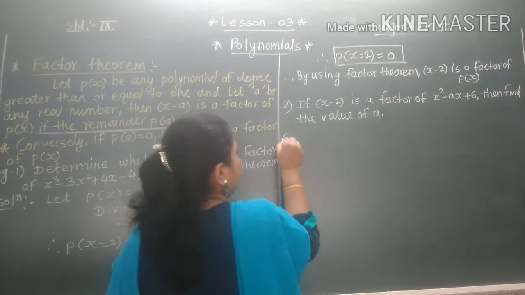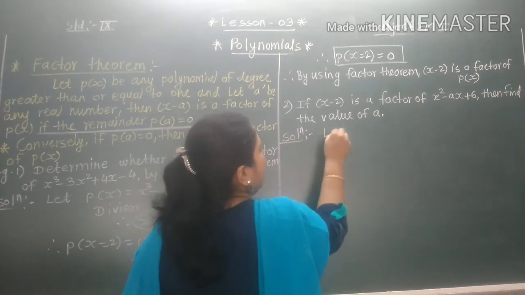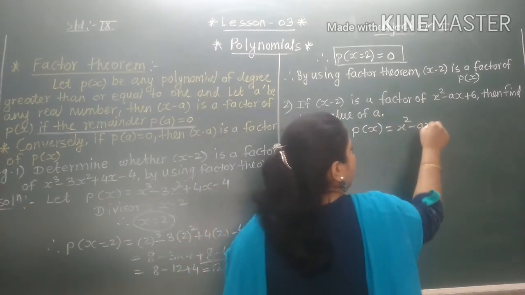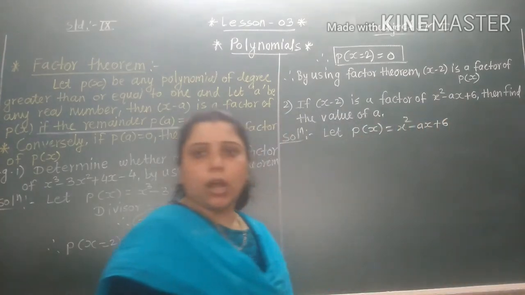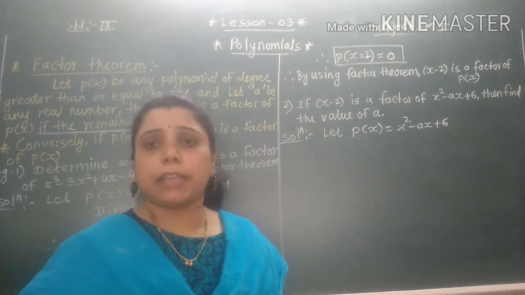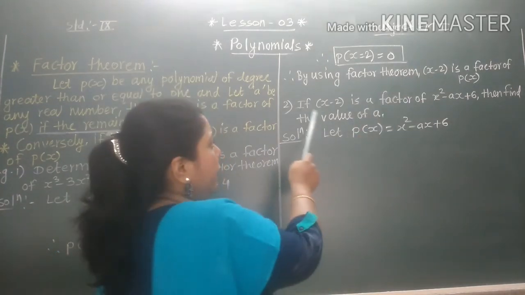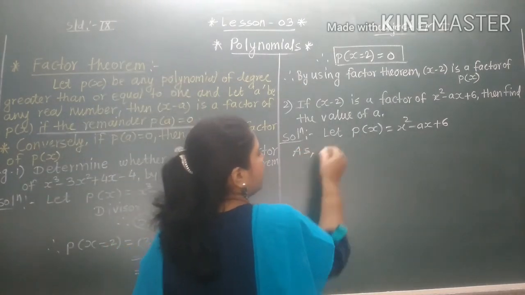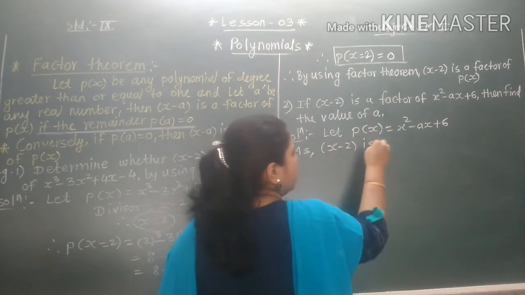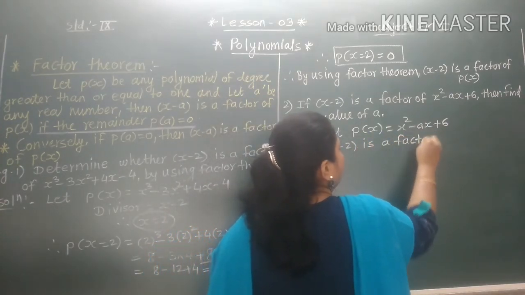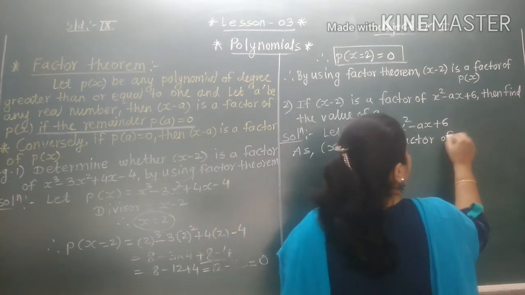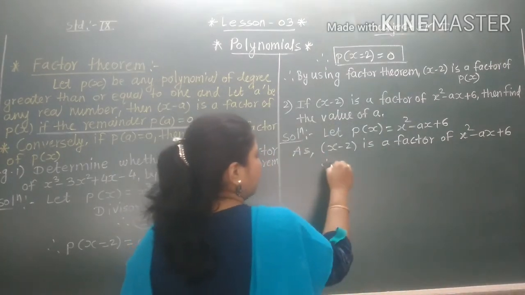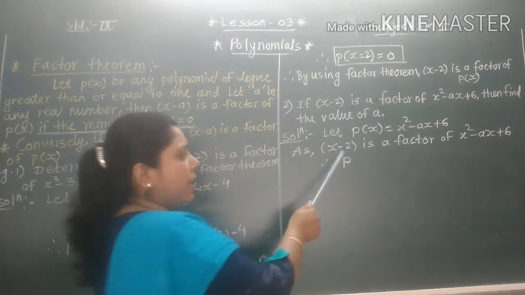Solution. Let P of x be equal to x squared minus ax plus 6. Now I will take the help of the given condition, the first statement. As x minus 2 is a factor of x squared minus ax plus 6, what is the opposite of minus 2?